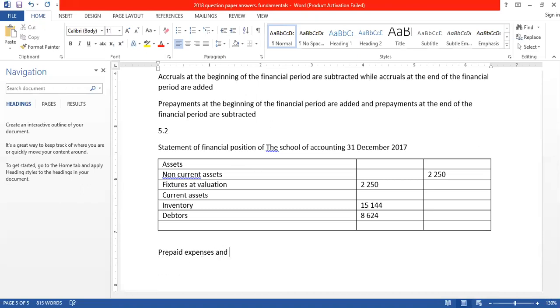Prepaid expenses and accrued income are current assets, while prepaid income, or income received in advance, and accrued expenses are current liabilities.